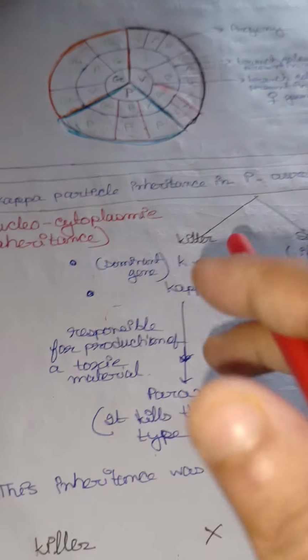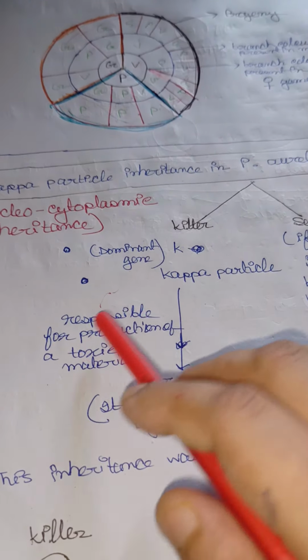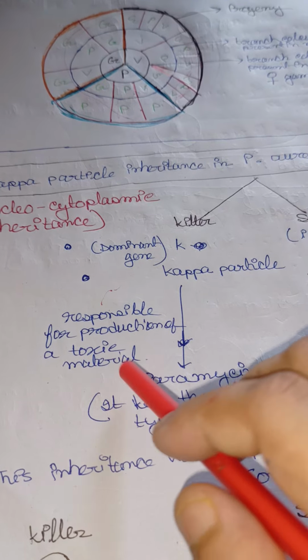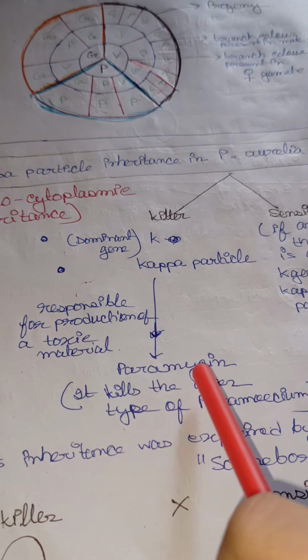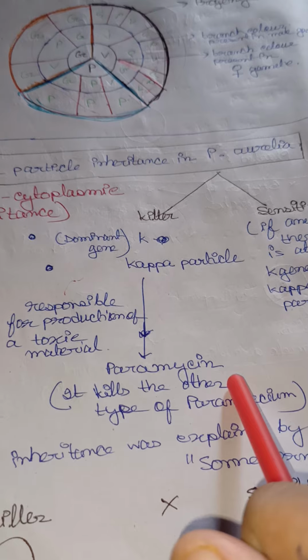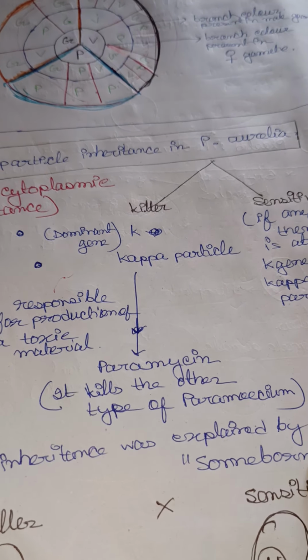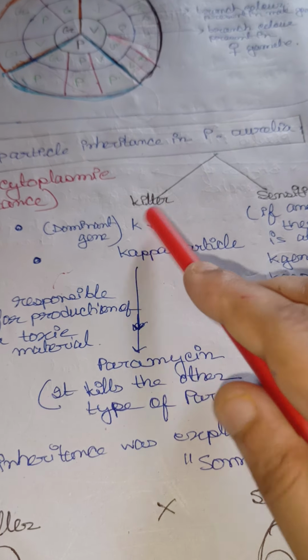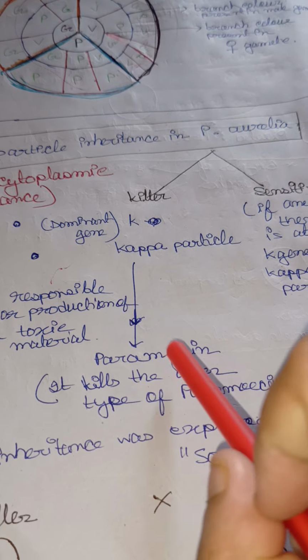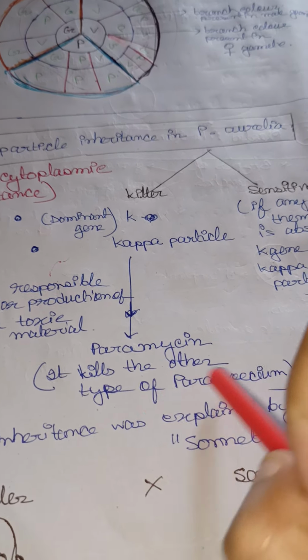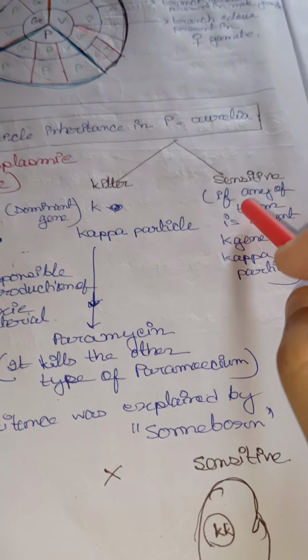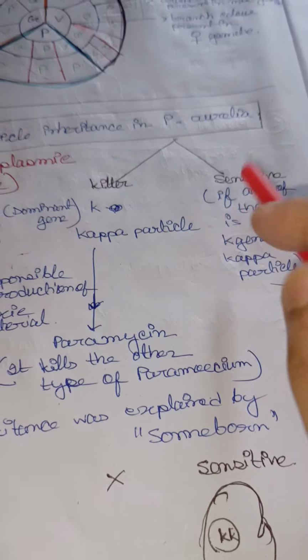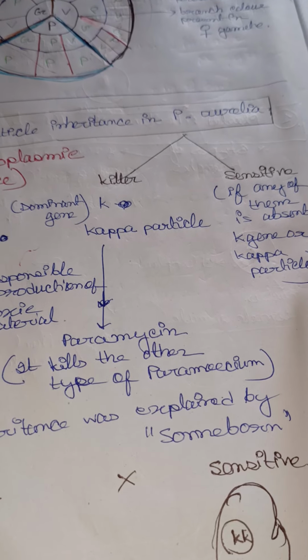Clear? Now, these kappa particles are responsible for the production of a toxic material, that is paramycin. When lots of paramecium are there, the killer strain will produce paramycin, and this paramycin kills the other type of paramecium, the sensitive paramecium.